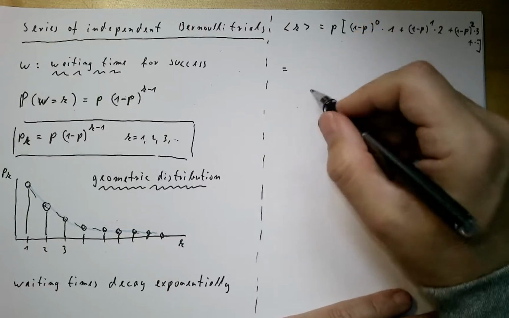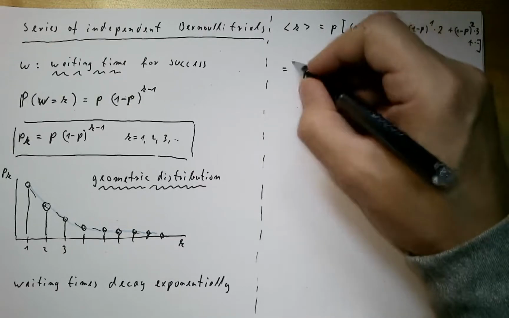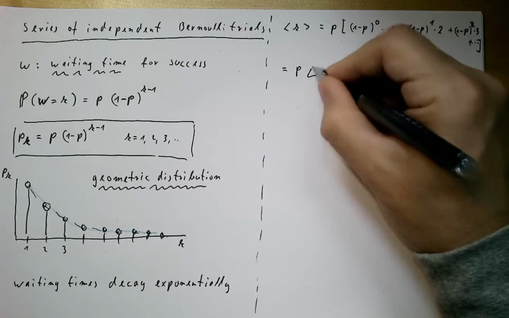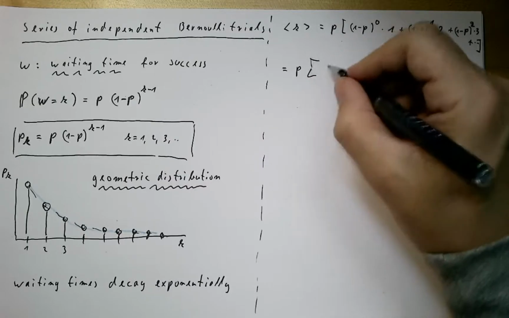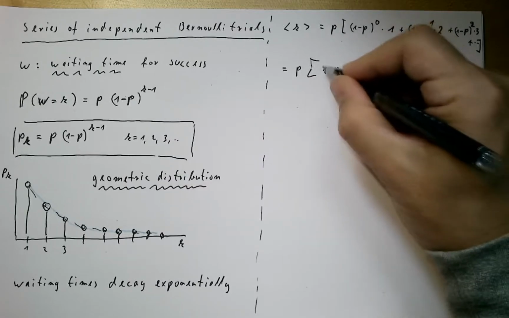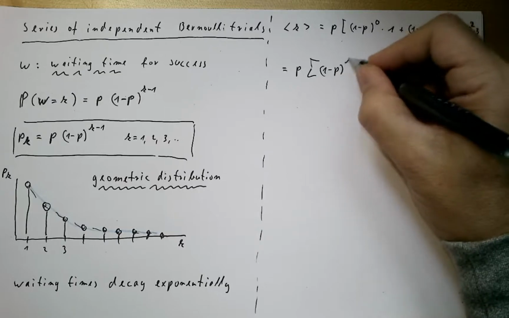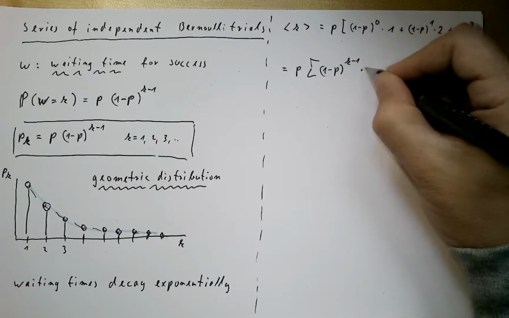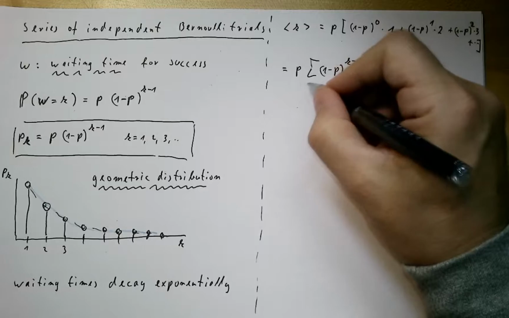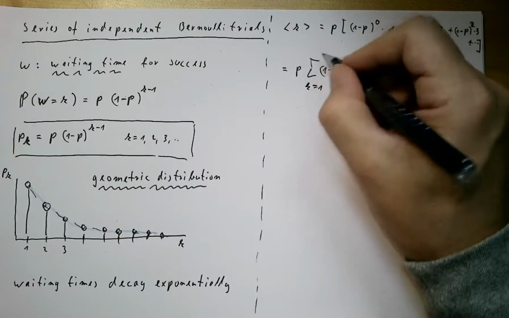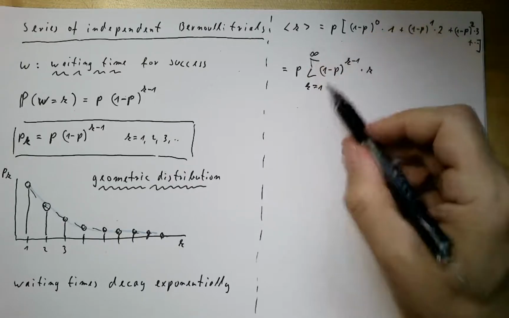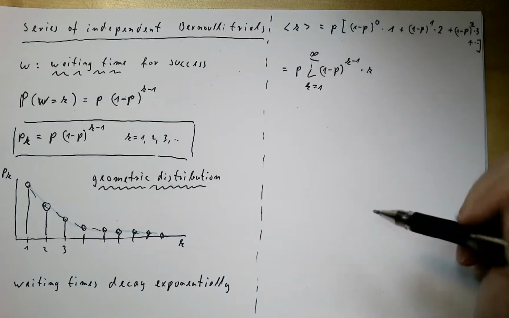Of course we can write it also more formally: 1 minus p to the k minus 1 times k, and k goes from 1 to infinity, because this is just the expectation value.